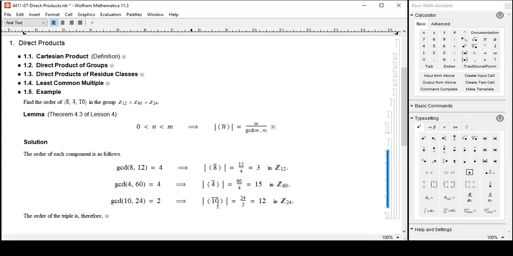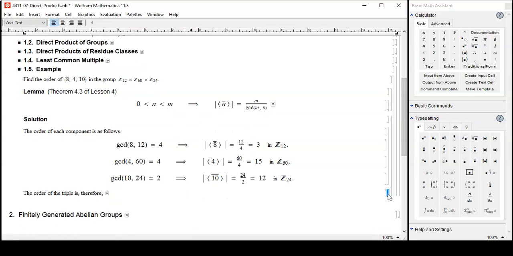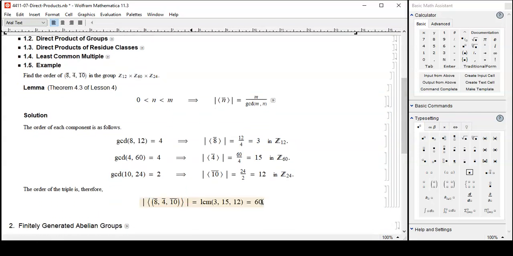And 10 bar in Z_24, m over GCD. GCD of 10 and 24 is 2, so 24 over 2 is 12. This computation is not difficult at all. So we have all that, and then we are taking a triple, right? So we'll simply take the LCM. And the LCM of 3, 15, and 12 will turn out to be 60.